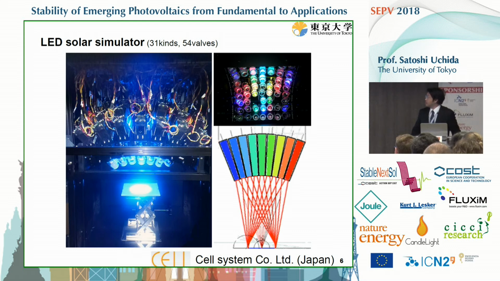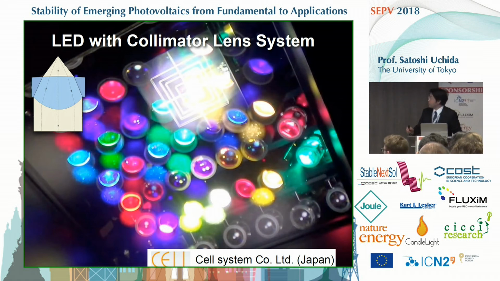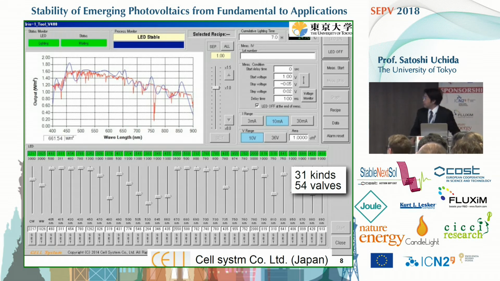The construction is very unique, with 31 kinds of LED bulbs, 54 bulbs in total, each of them focused and aligned on a dome shape to keep the same distances, and each bulb is equipped with a collimator lens to make a parallel beam and homogenize.